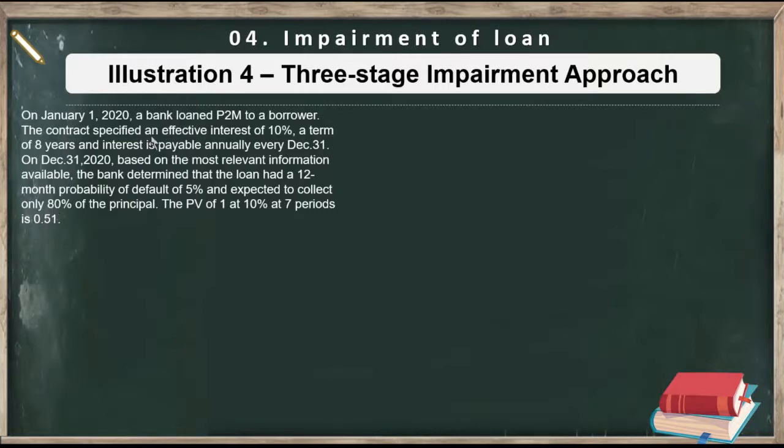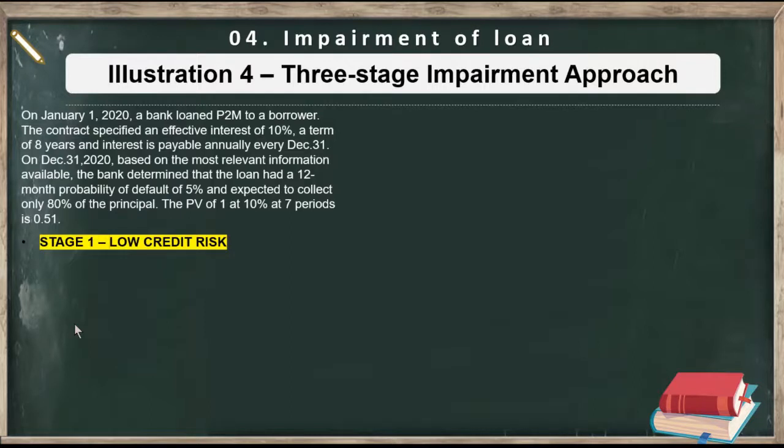The contract specified an effective interest of 10%, a term of 8 years, and interest is payable annually on December 31. On December 31, 2020, based on the most relevant information available, the bank determined that the loan had a 12-month probability of default of 5% and expected to collect only 80% of the principal. And we have the present value of 1 at 10% for 7 periods is 0.51.